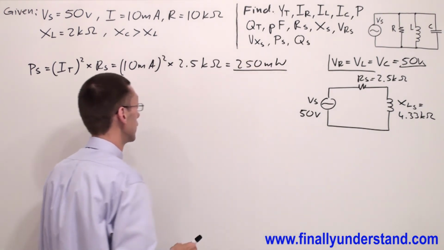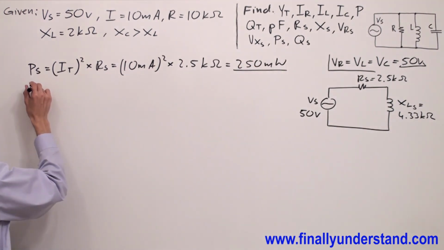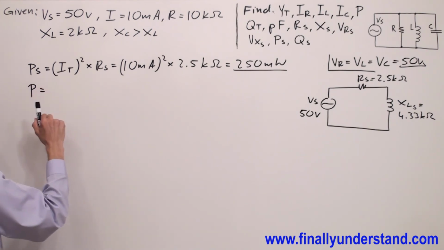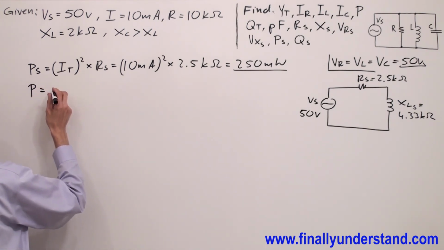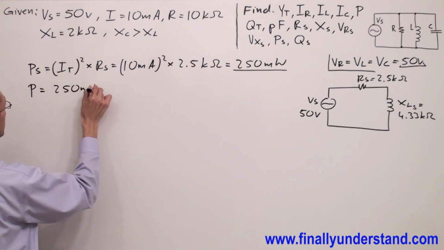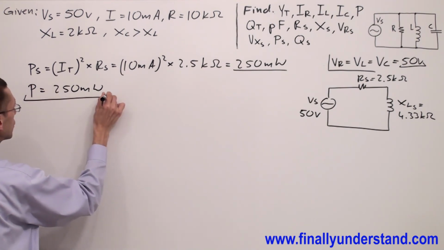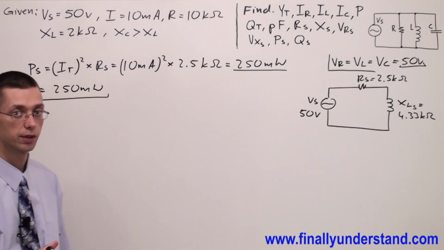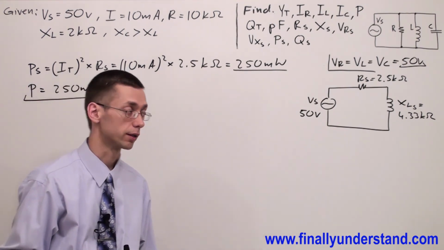Let me remind you that the true power in the parallel circuit we got was 250 milliwatts also. So it means that up to this moment our calculations are correct.